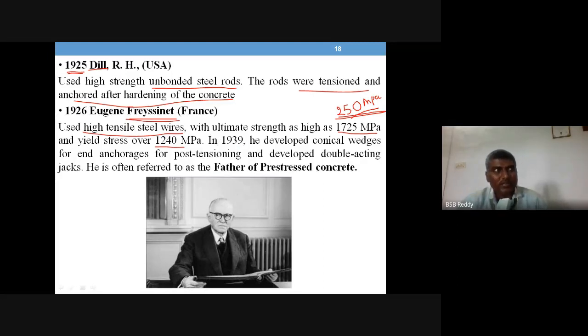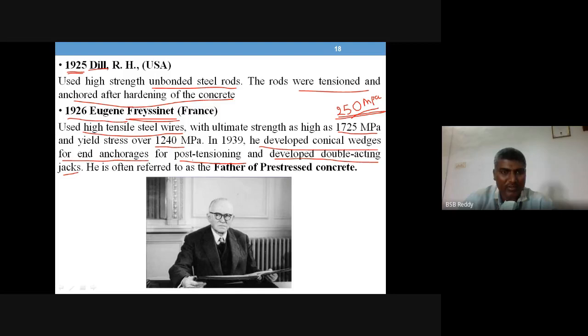So this is the success story of pre-stressed concrete, where in 1926 Jean Fressinet started doing it. In 1939, he developed conical wedges for end anchorages for post-tensioning and developed double acting jacks.